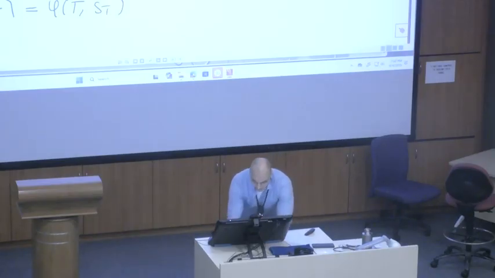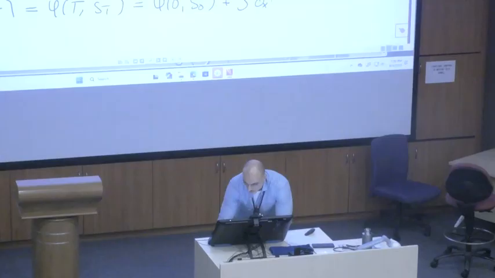So now Ito's formula tells us that's phi of 0, S0, that's the number, plus delta x phi of t, St dSt, that's the stochastic term, the Ito term, plus delta t phi, let's put it in one line, plus 1/2 the correction term.